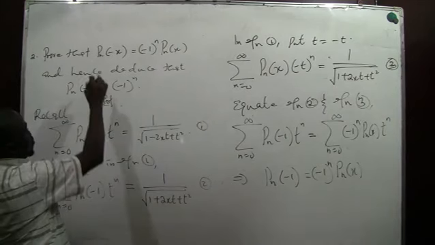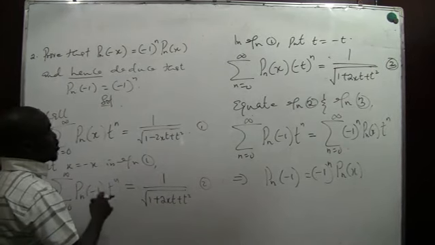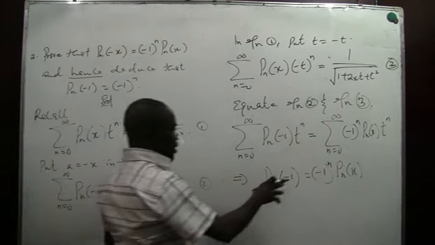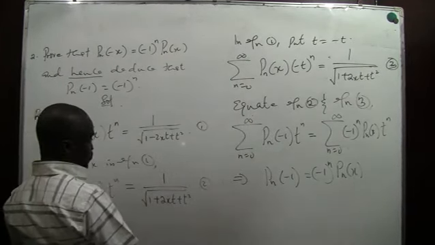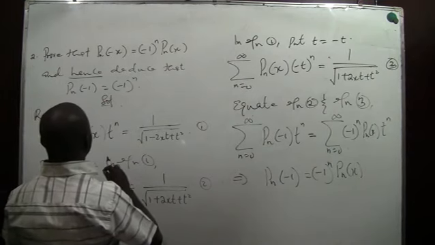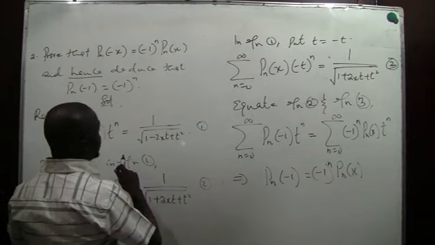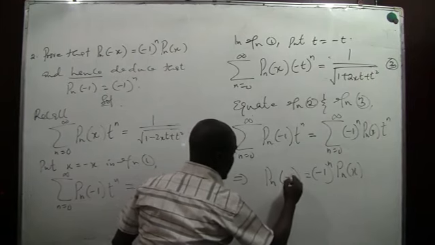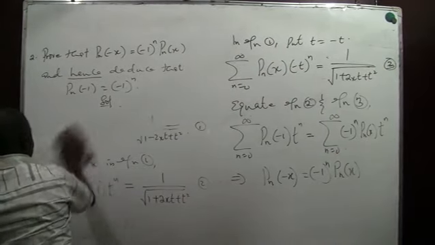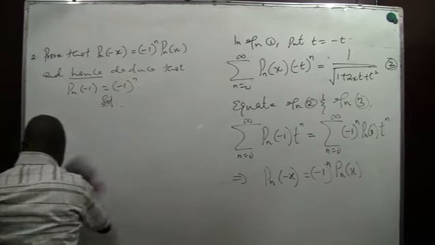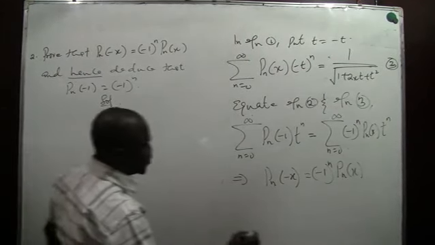The second part now says that we should use the result. That is the essence of "hence". Anytime "hence" is used in a question, that means that use the already generated result to show the second one. And how do we do that? Pn of minus x equals minus 1 raised power n Pn of x. Call this one equation 4. In the second question, the value of x is given.